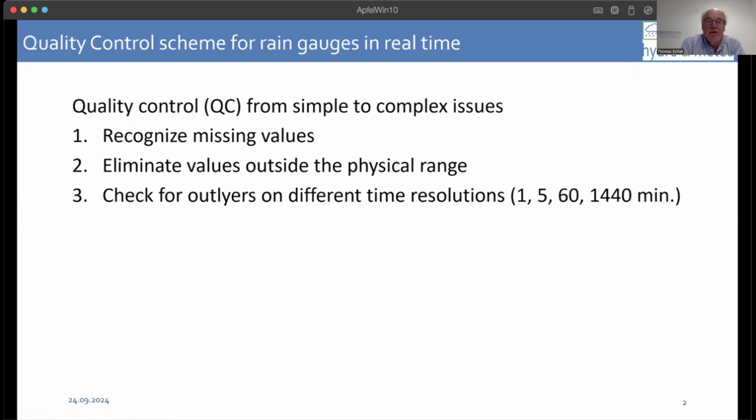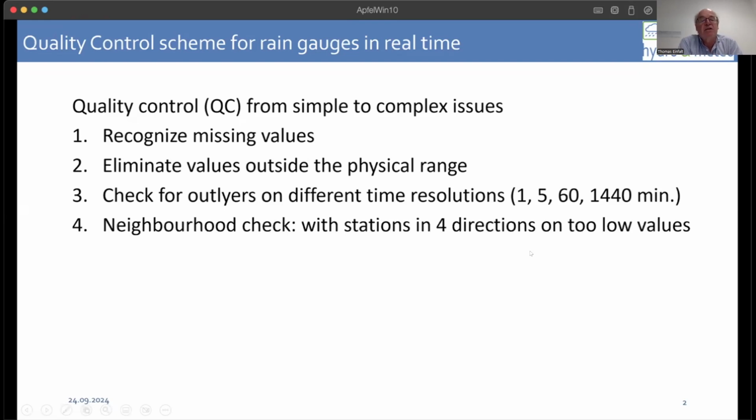Then we check for outliers on different time resolutions. These are usually 1 minute, 5 minutes, 60 minutes, and 1 day. And sometimes you can have other transmission errors where you have, for example, a factor of 10 in the data. And you can recognize this if these values are very high.